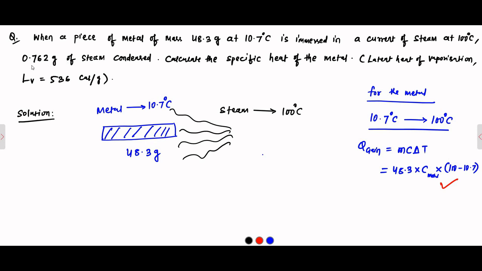The second part is 0.762 grams of the steam condensed.